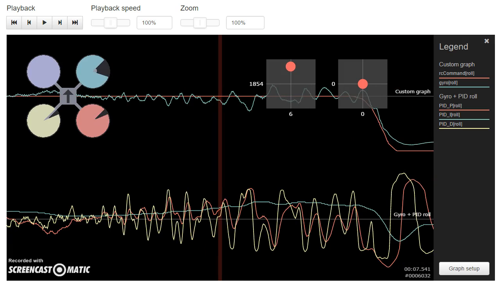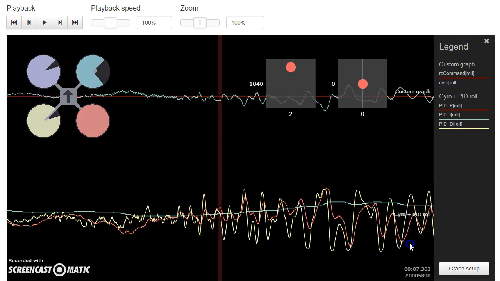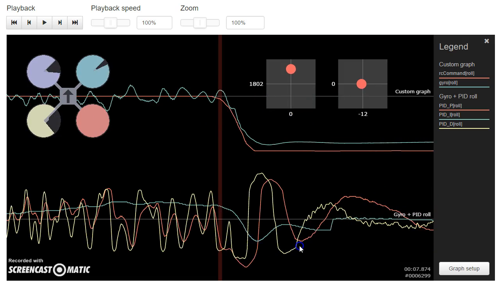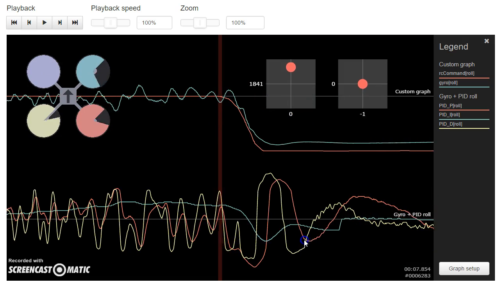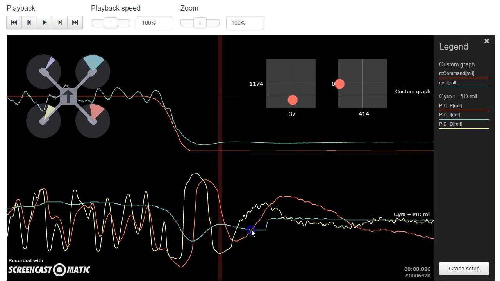Yeah, see if we look here, notice that although the D term is swinging around, it is more or less tracking P. It's not moving when P doesn't move, and that's kind of what we want to see. So it feels like your filtering is actually pretty close to right. If you increase D to try and improve the bounce back, you may need a little more filtering.